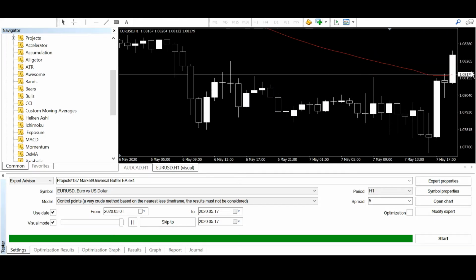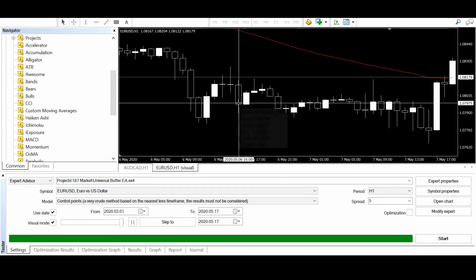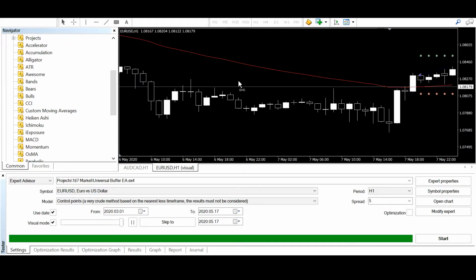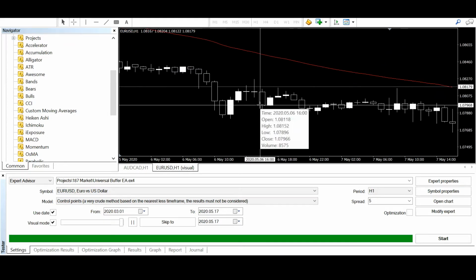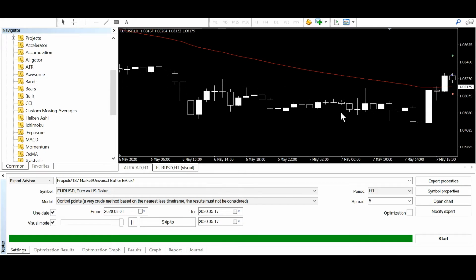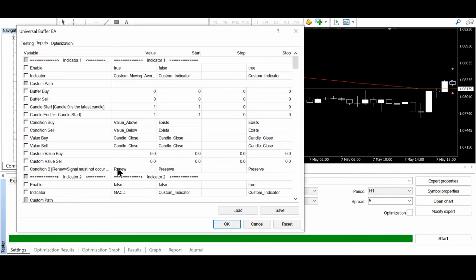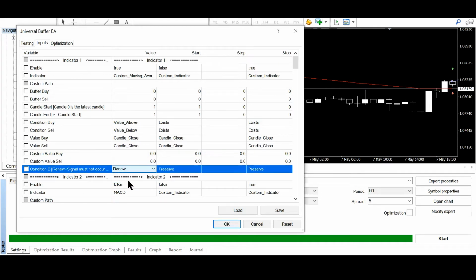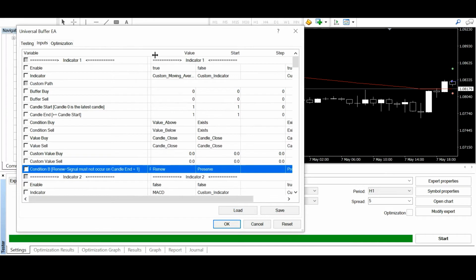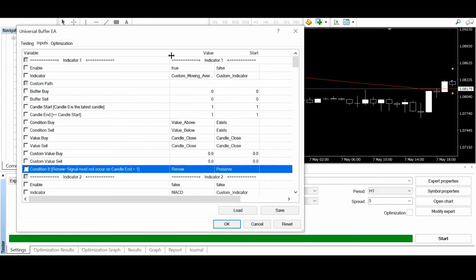And let's go to this candle here, and we see why is there no trade opened here. This is because I selected renew, because the signal must be fresh. Renew: signal must not occur on candle end +1.